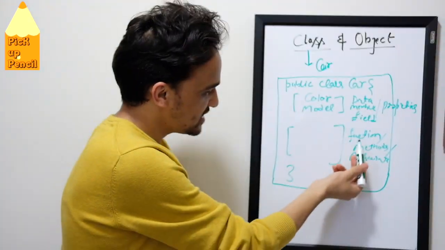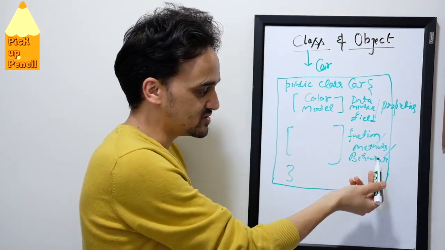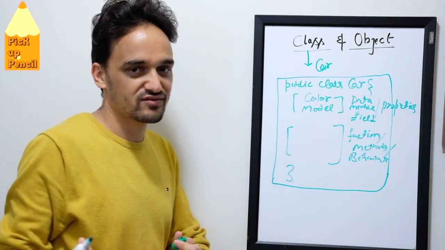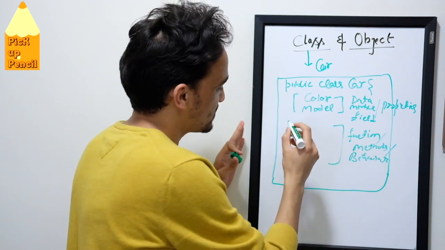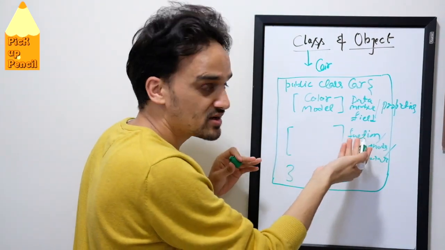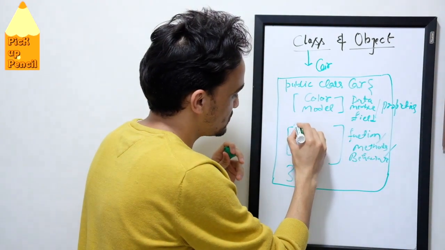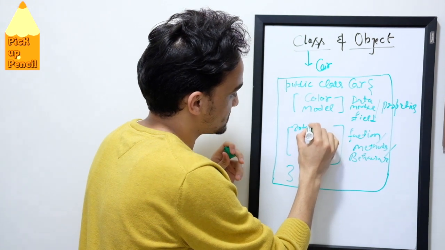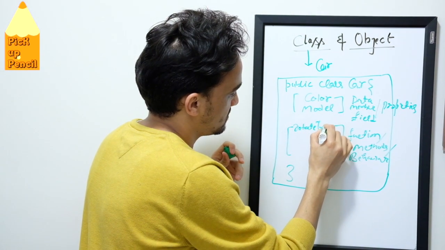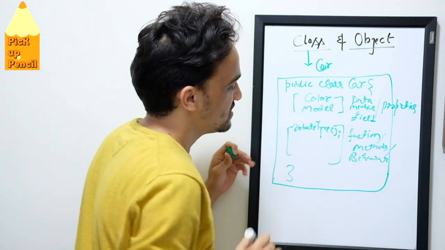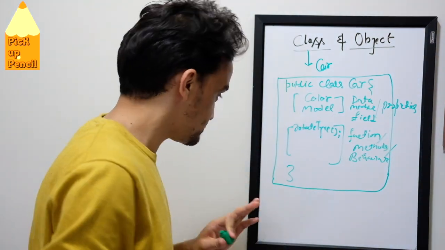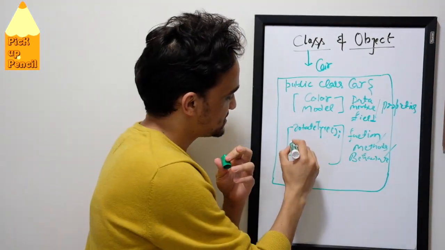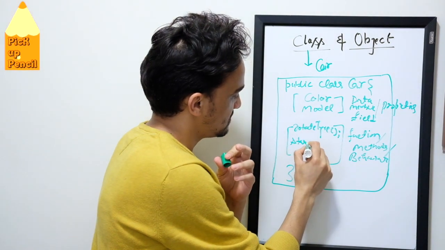Then comes the functions or methods or behavior. What is the behavior of a car? Those will come under the functions, like rotate tires. This is a function. Another behavior can be, say, start engine.